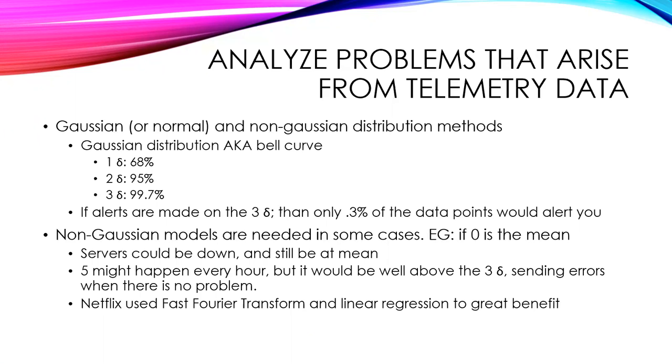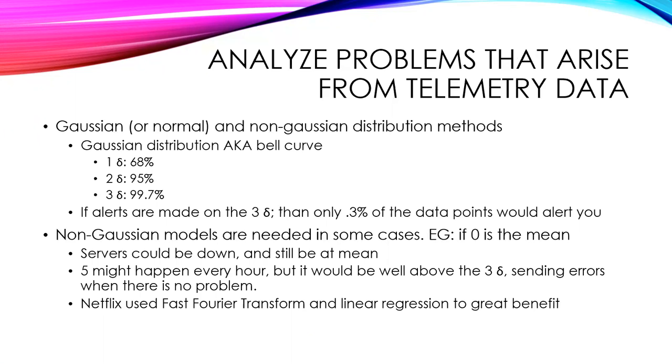It doesn't get hit often, but when it does, maybe it gets hit 4 or 5 times, and it's not a problem because the server's made to handle 4 or 5 downloads at a time. But that 5 might be outside of delta 3, and that could be a problem because you'd be getting false alarms all the time about stuff that's not a problem.